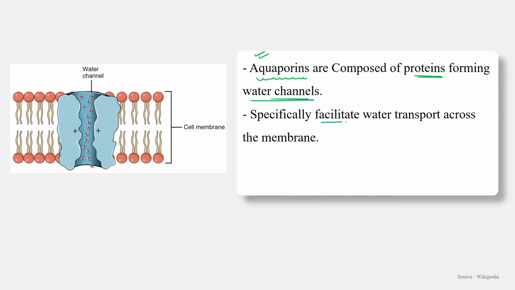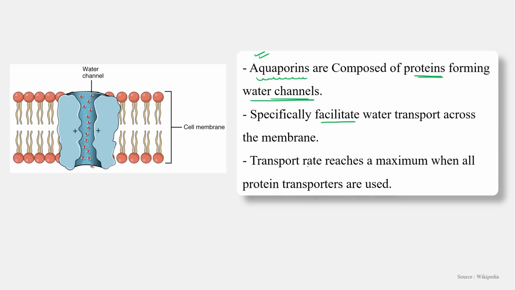The transport rate in facilitated transport reaches a maximum when all the protein transporters are used. There are many of these channels or protein transporters throughout the membrane.